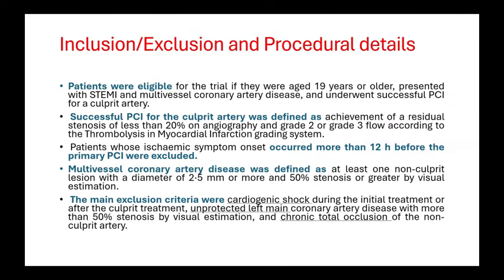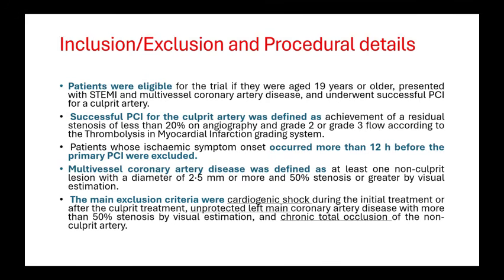So let's see the inclusion and exclusion criteria and procedural details in the OPTION-STEMI. Patients were eligible to enter the trial if they presented with a STEMI and a multivessel disease, which I will explain as a non-culprit artery with 2.5 millimeter diameter or more and 50% stenosis or more by visual evaluation.